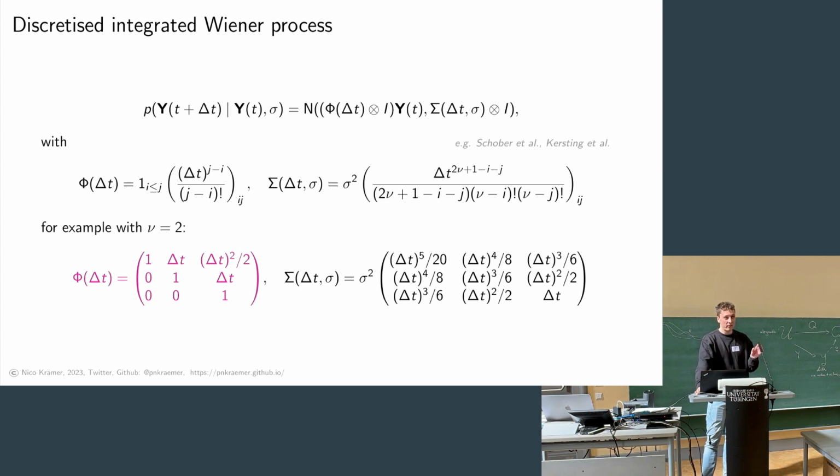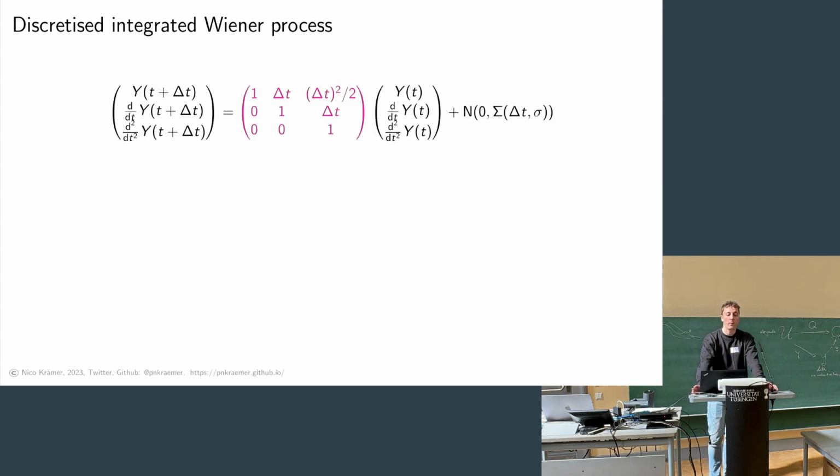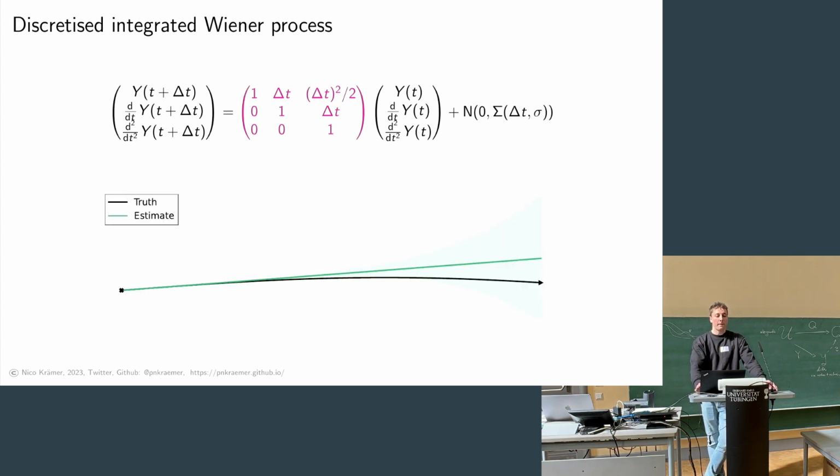So we have our current state, which is bold-faced y, and then if we're multiplying it with this matrix phi, so 1, delta t squared half, and so on, then we're approximating y at t plus delta t with the second-order Taylor expansion. We're approximating the first derivative with the first-order Taylor expansion, and we're extrapolating the second derivative constantly.